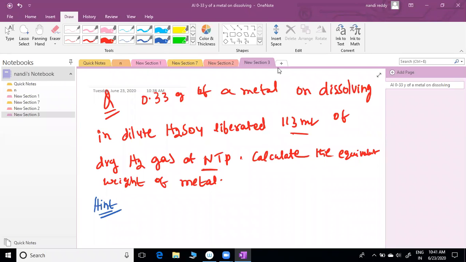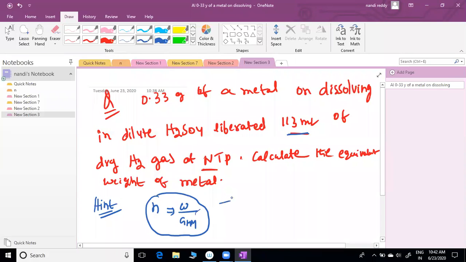Look here, I'm solving this question. I don't know how much the hydrogen weight is. I can calculate the number of moles. After that, weight divided by gram molecular mass, I can use, and I can get the hydrogen weight. Is it clear? So I need to calculate the number of moles first. How to calculate the number of moles? n equals V in mL by 22,400 mL.